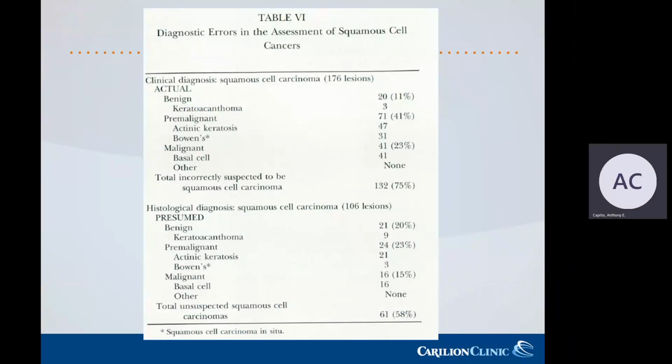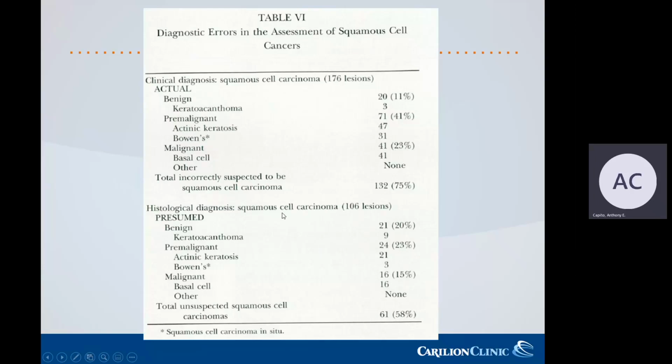This is another table from that study. When they thought it was a squamous cell carcinoma, they were correct 75% of the time. 25% they were wrong, and there were these other etiologies: pre-malignant, or keratoacanthoma, or basal cell. And then when they thought the lesion was presumed normal, histology showed SCC in 58% of these specimens.